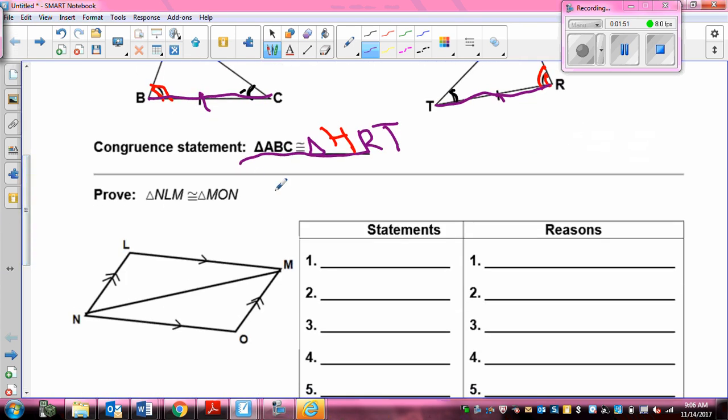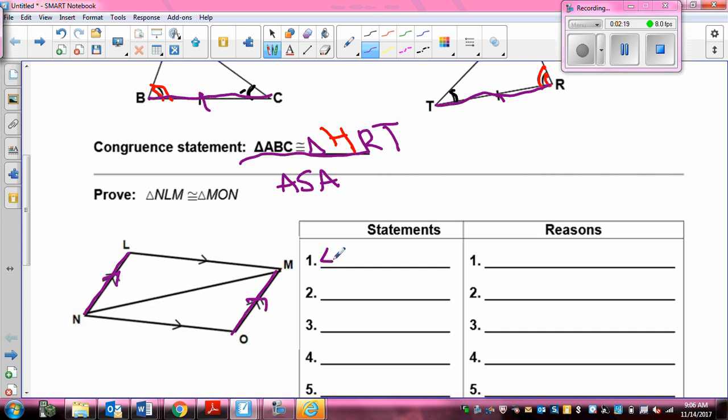So we're going to look at this proof using the angle side angle congruence, ASA. So we should use ASA, hopefully. Angle side angle. So remember, our first statement is just going to be what they're giving us. They're giving us that L to N is parallel to M to O. So not congruent, but since it has these little arrows, and there's two of them, I know that they're parallel to each other.